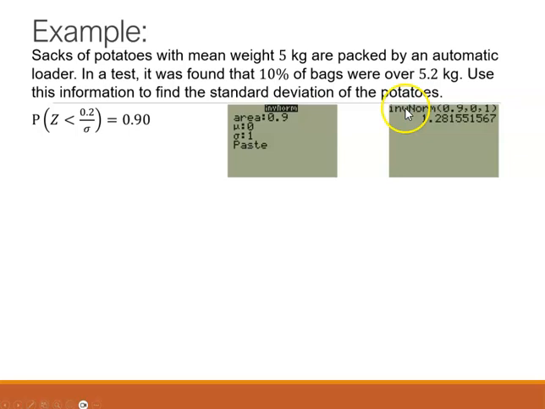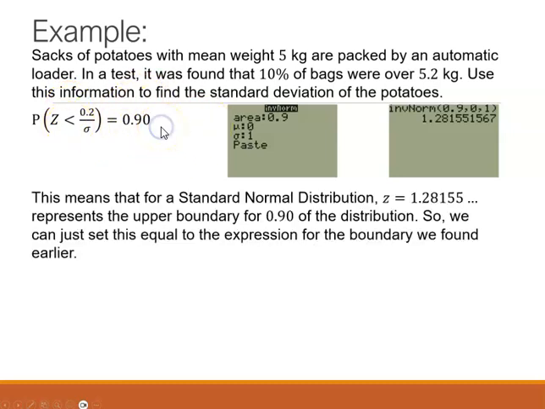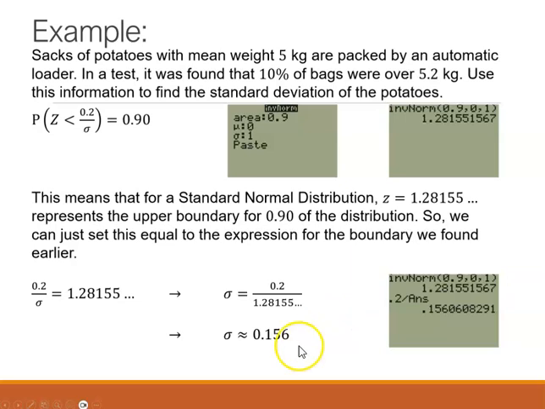So that is the z-score when the probability is 0.9 in a standard normal. I can then take that and set it equal to the 0.2 over standard deviation, do a little algebra, and get that the standard deviation is about 0.156.